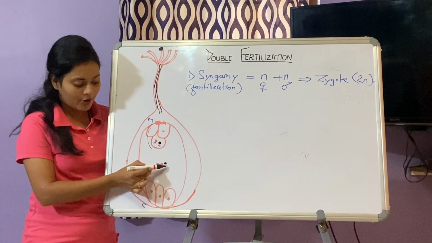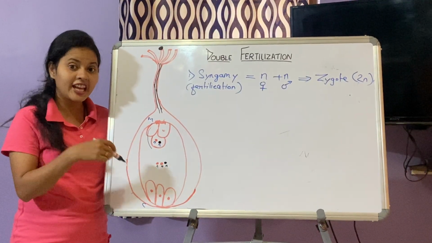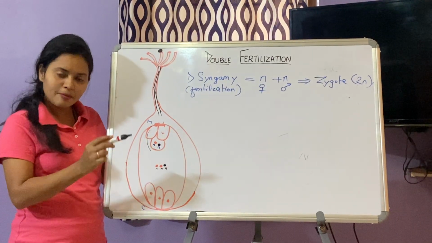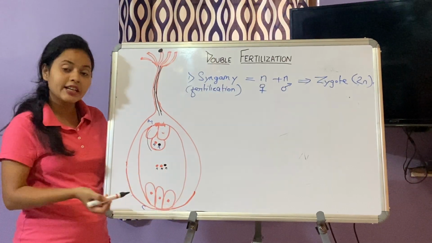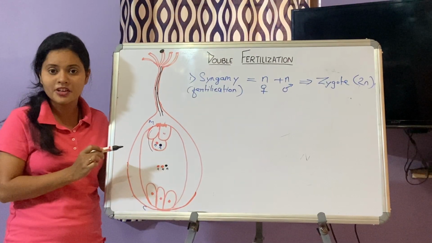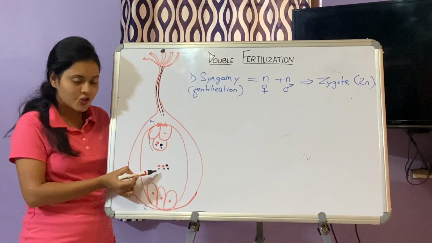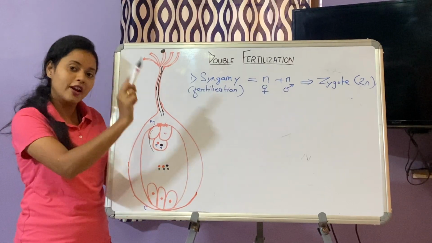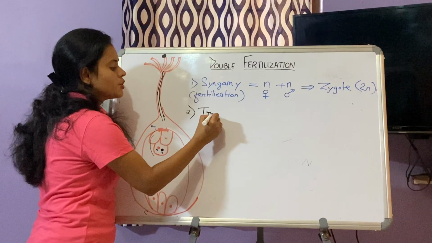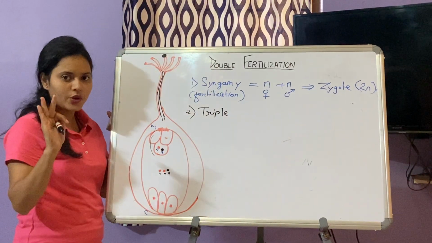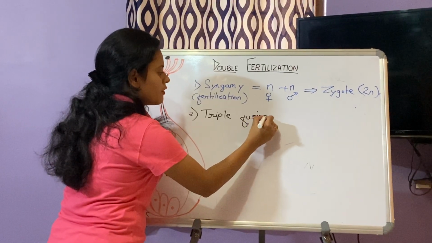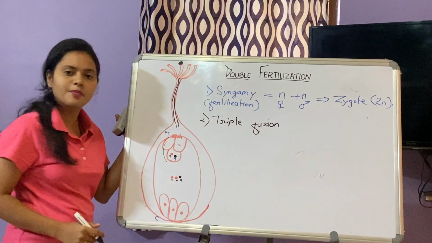So this has become 3N, which is referred to as triploid. The zygote is diploid, and here a triploid nucleus has formed. The process of forming this triploid by fusing haploid, haploid and haploid nuclei is referred to as triple fusion. Three nuclei are fusing, so it is called triple fusion.